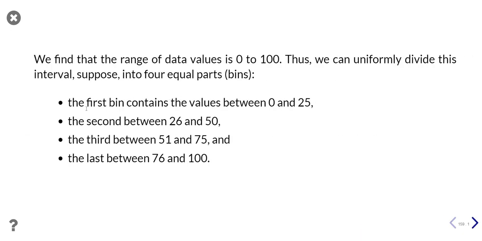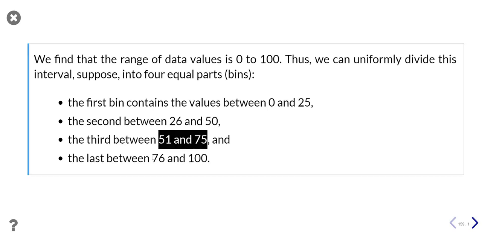For example, the first bin contains values from 0 to 25, the second 26 to 50, the third 51 to 75, and the last 76 to 100. This is how we can divide a range of data into 4 equal bins. It does not necessarily have to be 4, but just for the sake of example.